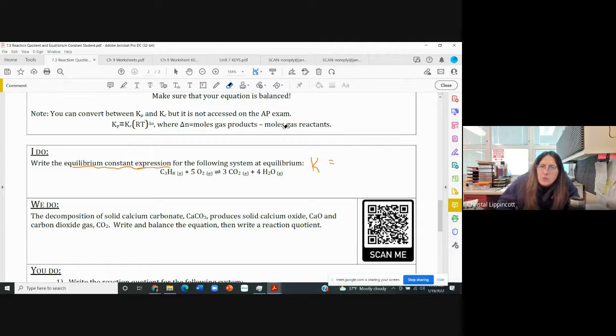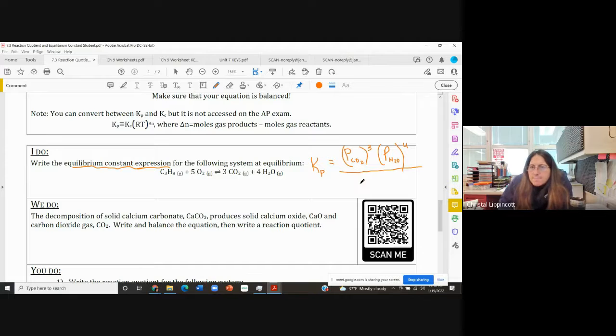All right, so we will change it. We'll do it the right way. So this is going to be KP. Okay, so I'm going to do the pressure of CO2 raised to the third power. And the pressure of H2O raised to the fourth power. These are all gases, so they're all going to get included.